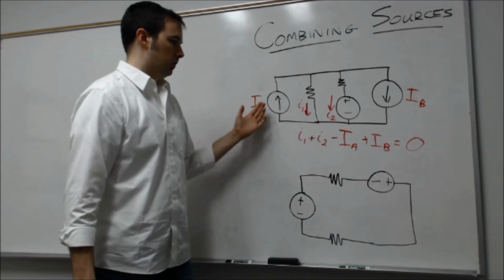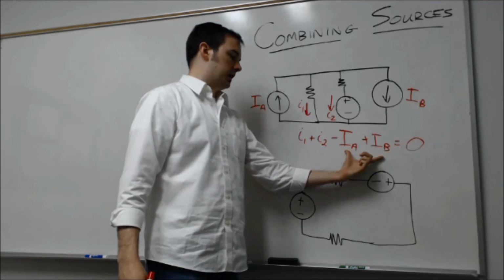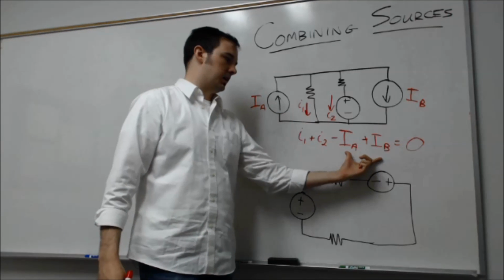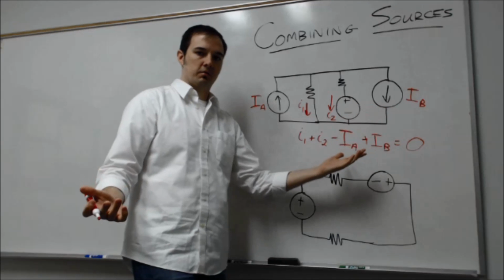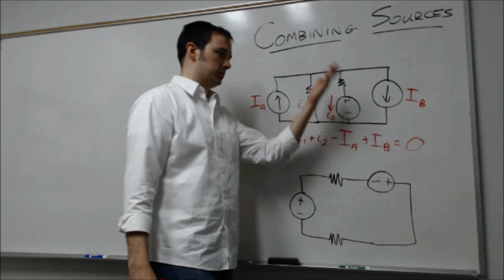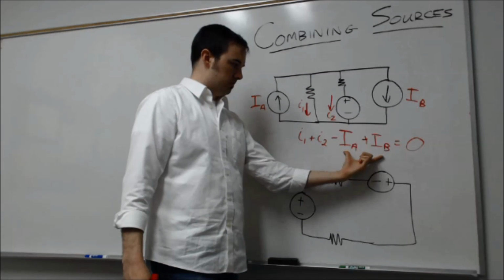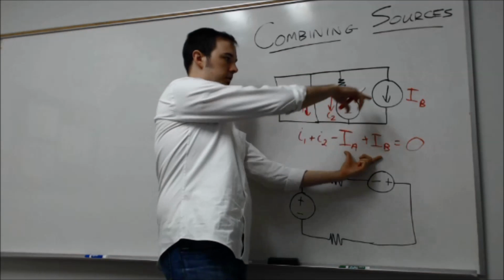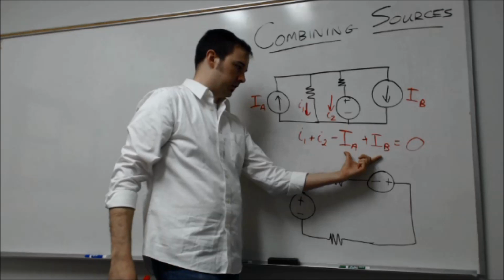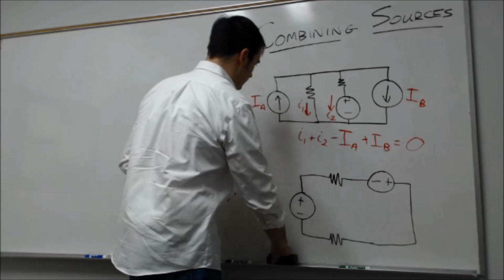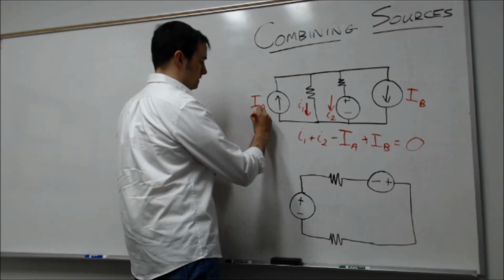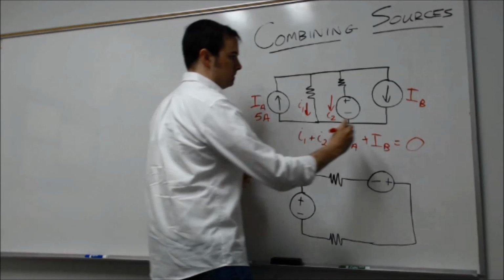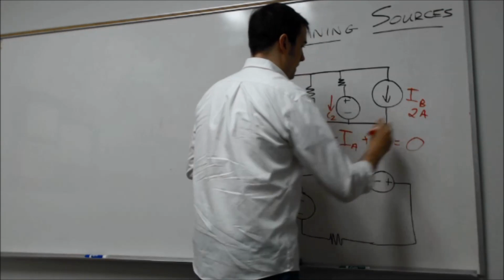This tells me that if I know what IA and IB are, because these are independent current sources, they're going to have some value typically in a problem, whether it's 5 amps or 3 amps, I can simply combine those appropriately, based on the direction the current is traveling, into a single source. Let's say this is 5 amps here and this is 2 amps.